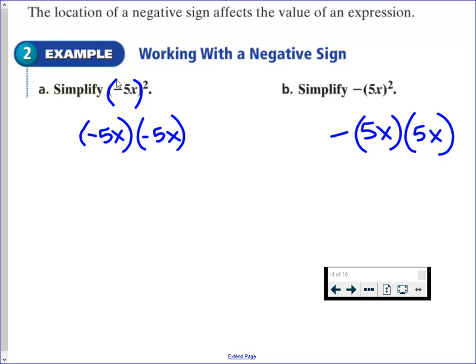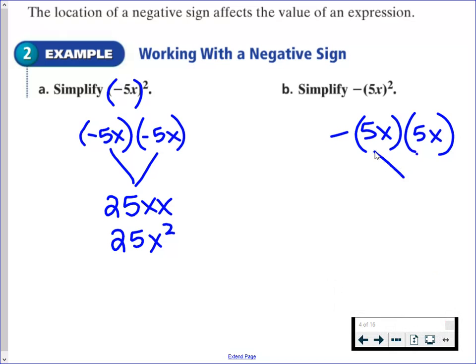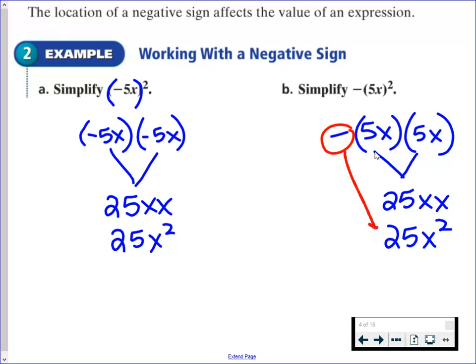What's a negative times a negative? When the negative is on the outside, it doesn't get touched.